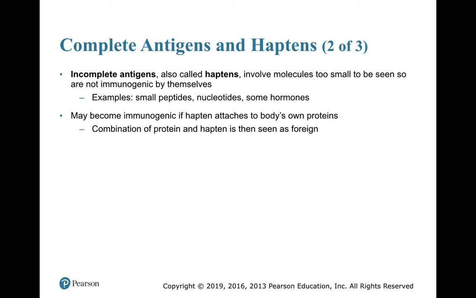Incomplete antigens are also called haptens, and they are molecules that don't start an immune response on their own. They're too small by themselves. Small peptides, some nucleotides, some hormones. However, the problem happens when a hapten attaches to one of our self proteins, and that combination of our self protein and the hapten is seen as foreign.